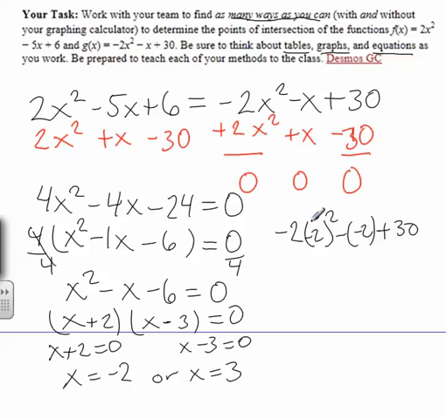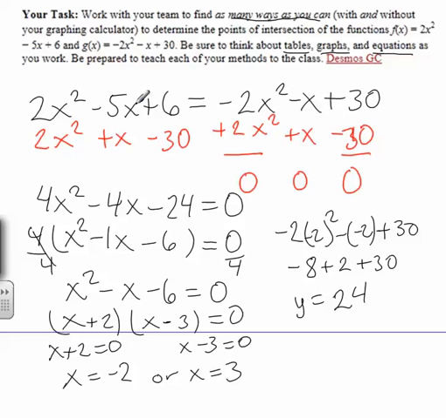So this makes positive 4 times negative 2 makes that negative 8, minus a minus, plus 2, plus 30. So the y value for this point is the sum of these, which is 24.